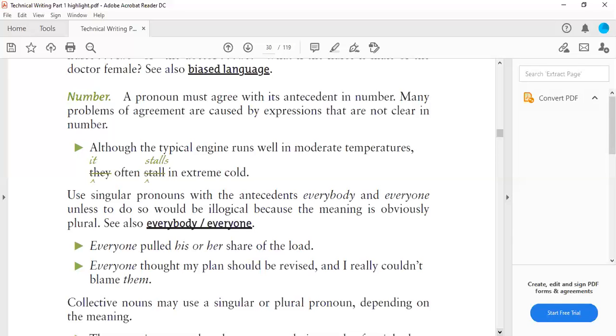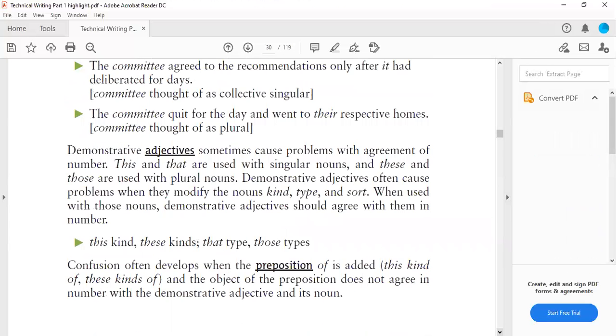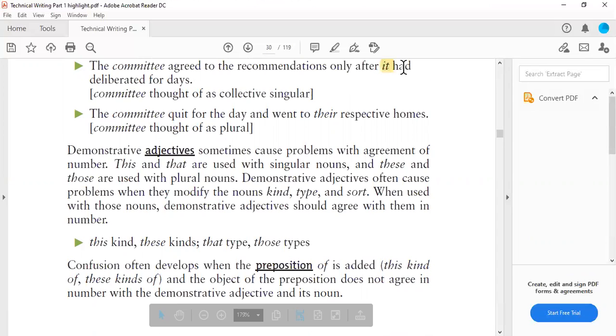Collective nouns may use singular or plural pronouns depending on the meaning. The committee agreed to their recommendations only after it had deliberated for days. Why do we use "it" here, the italicized one? Simply because we talk about the committee as a block, as a unit.